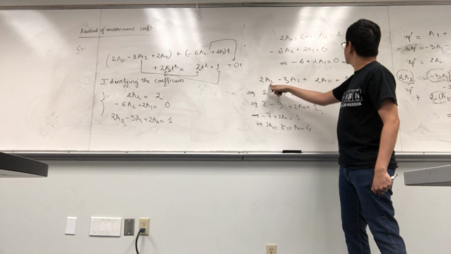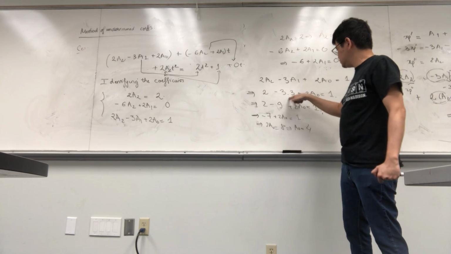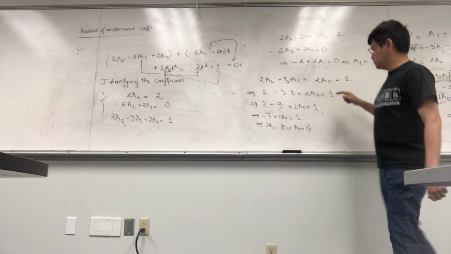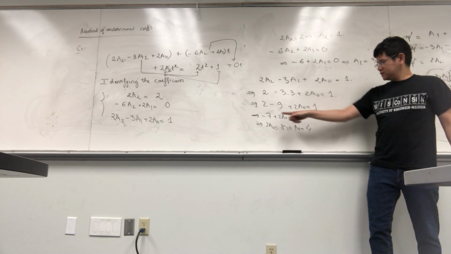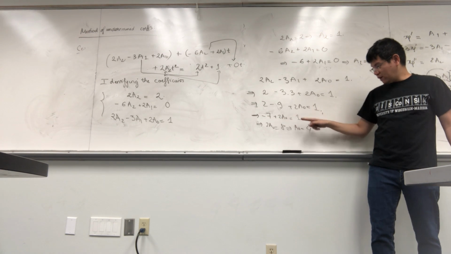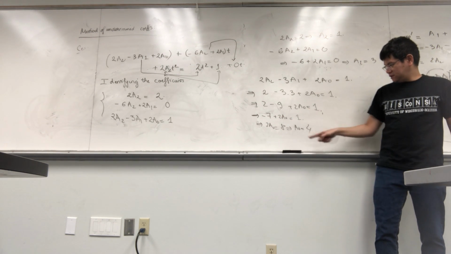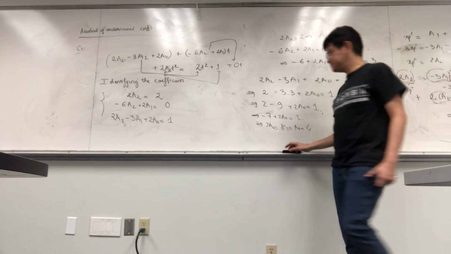So a2 is 1, a1 is 3, so you have 2 minus 3 times 3 plus 2a0 is 1. This is 2 minus 9 plus 2a0 is 1. So 2 minus 9 is minus 7. So minus 7 plus 2a0 is 1. So 2a0 is 8, so a0 is 4. Right?